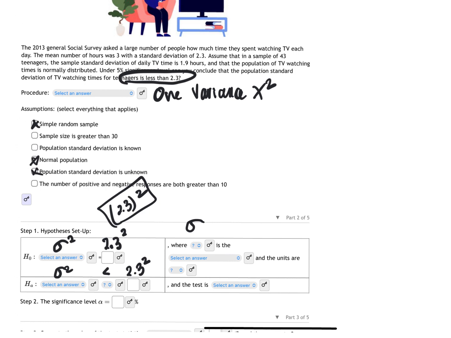We're talking about hours. And this test is a chi-square test, and it is a left tail. All right, so that should be helpful. And the significance level we see in the problem is 5%. So that should answer your part 1 and part 2.